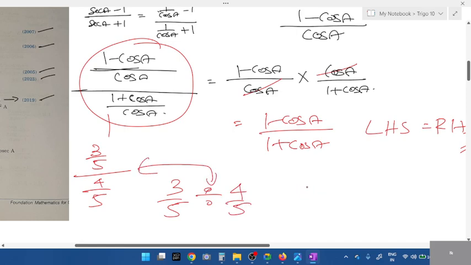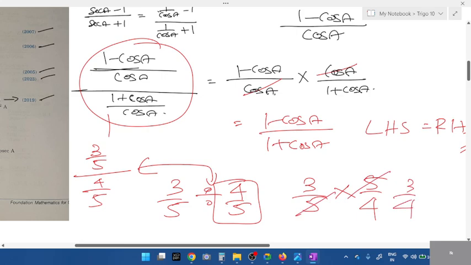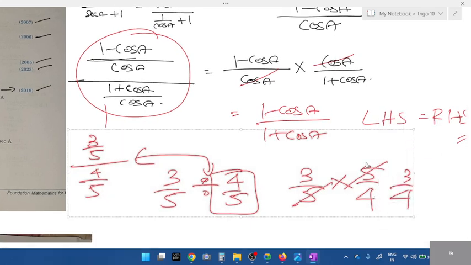Remember in 6th and 7th you had a concept: division becomes multiplication and 4 by 5 becomes 5 by 4. So basically you have to reciprocate. 5 and 5 get cancelled, giving 3 by 4. That is what we have done here: cos A and cos A got cancelled, and the remaining we just write as it is. Next question.